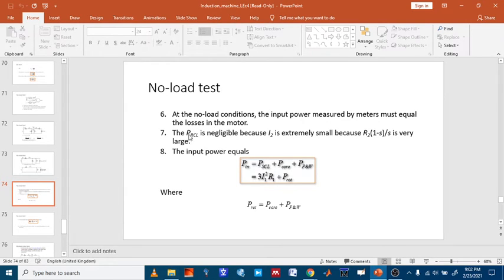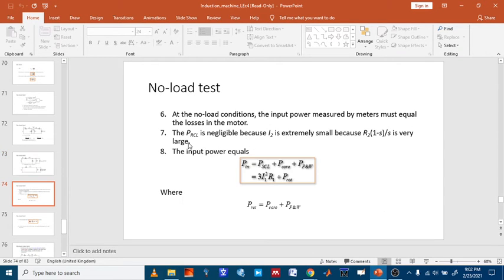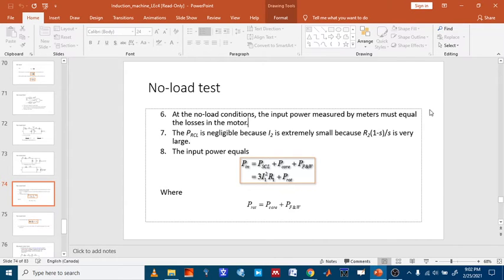The rotor copper loss is negligible because I2 is extremely small. Because of this, let's look at something.